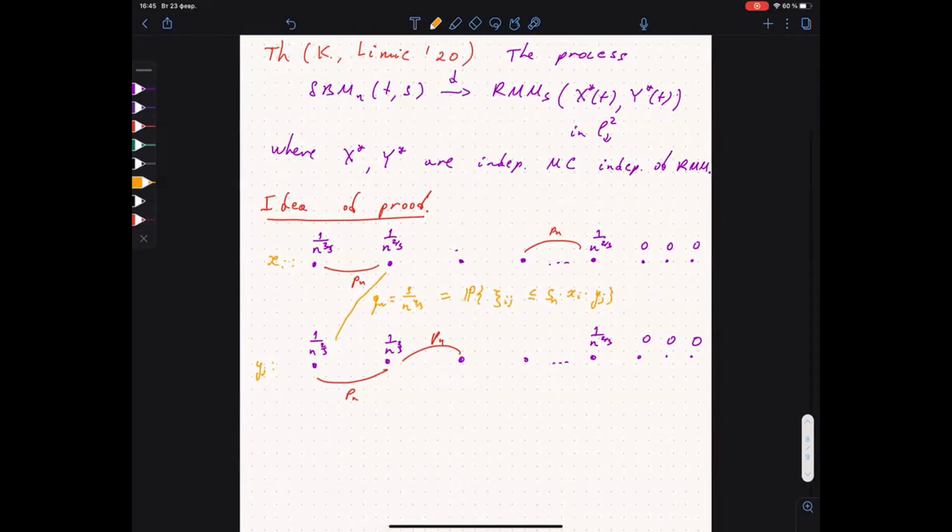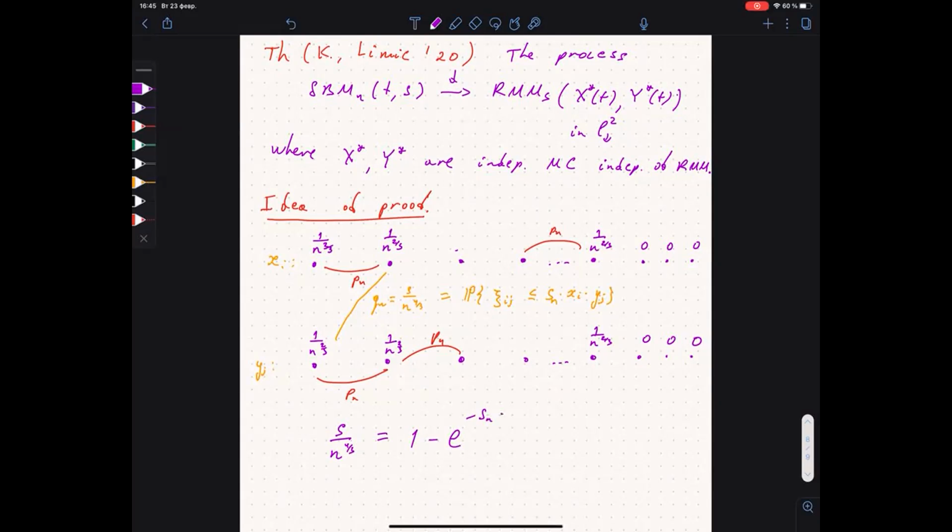We know that s divided by n^(4/3) is equal to that probability, which is 1 minus exp(-sn x y).